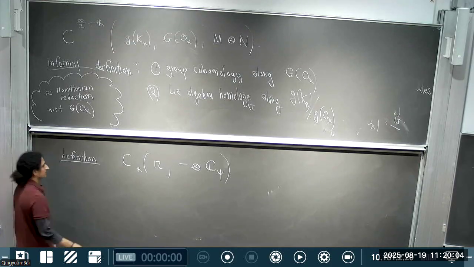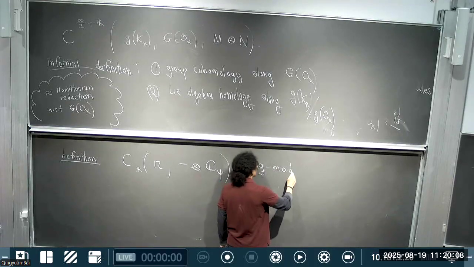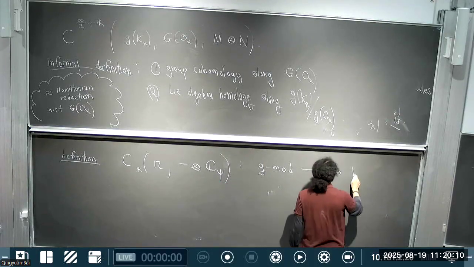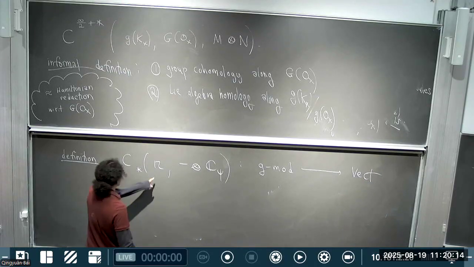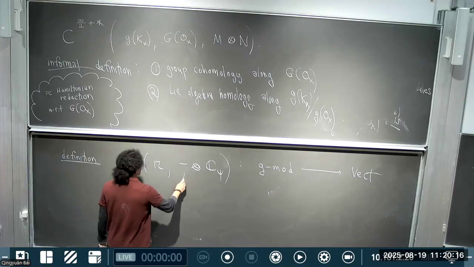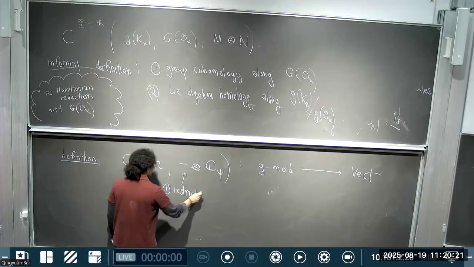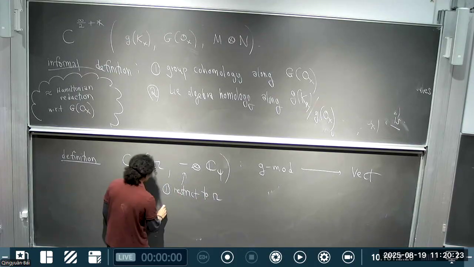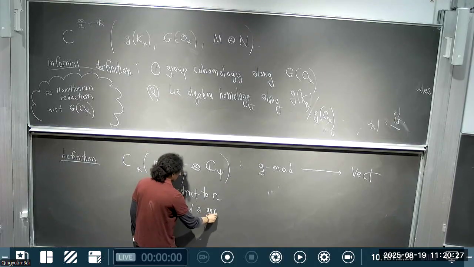There's going to be some functor from representations of the algebra, a priori just to vector spaces, which is that you just restrict your representation to n. Two, have to do with a generic character.